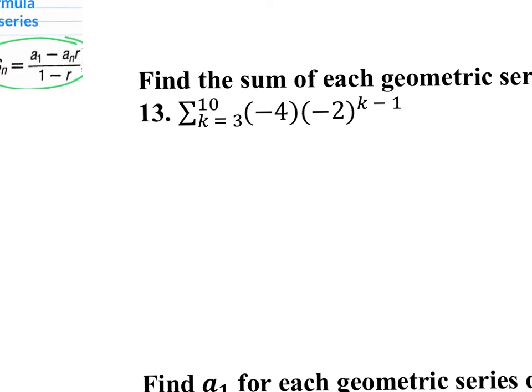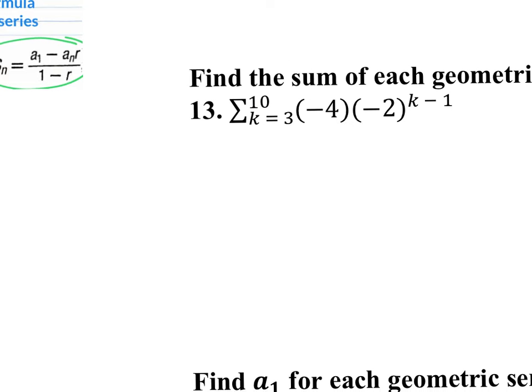But on number 13, and we are doing the odd ones, if we think about how many numbers are actually on this list, you got to do 10 take away 3 plus 1. 10 take away 3 is 7, and 7 plus 1 is 8. Okay? Now, that makes total sense. If I gave you a homework assignment and I told you to do questions 3 through 10, how many actual problems are you doing?